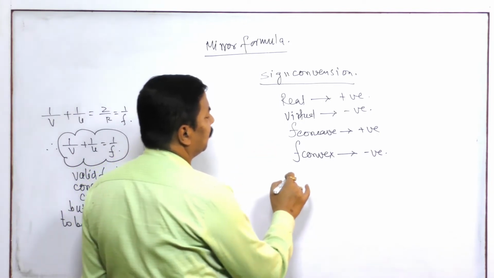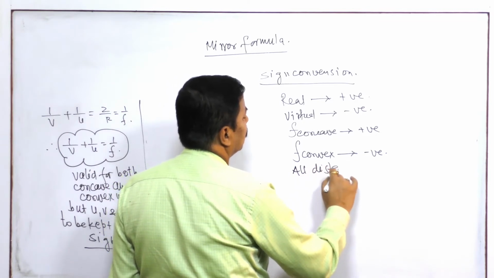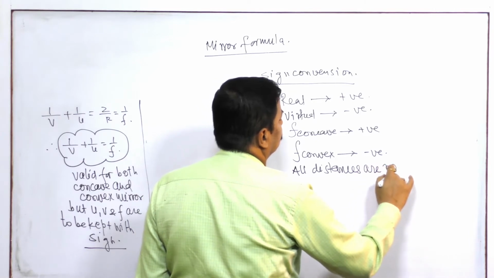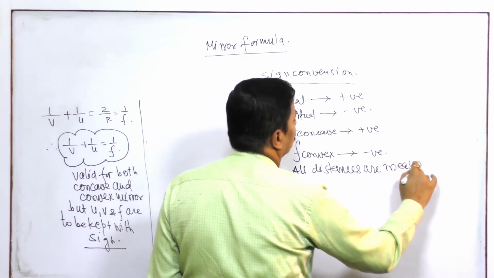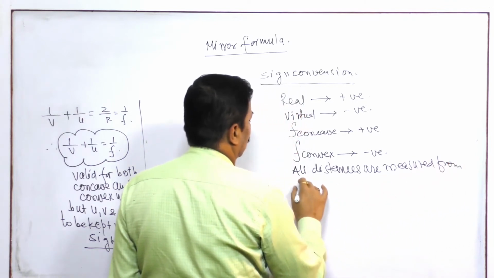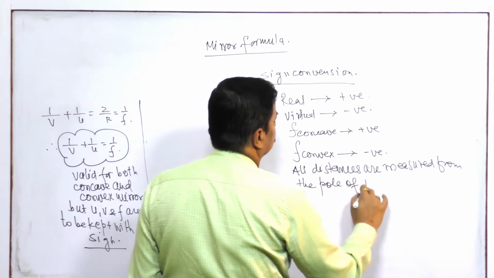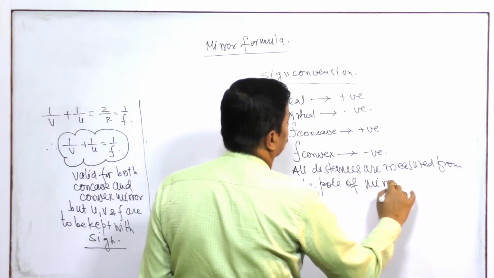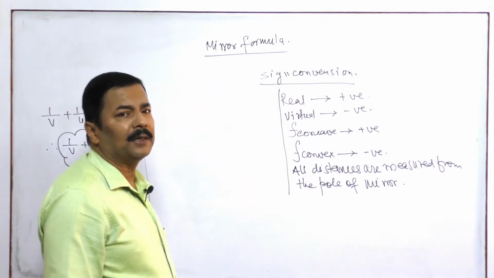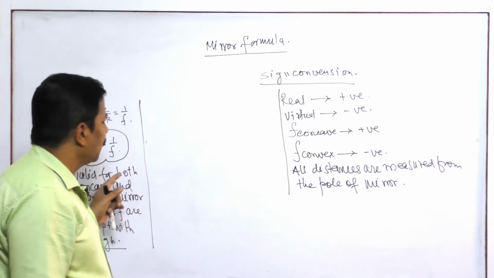And one more thing, all distances are measured from the pole of the mirror. These are the basic things we will keep in mind, and then we will apply the mirror formula.